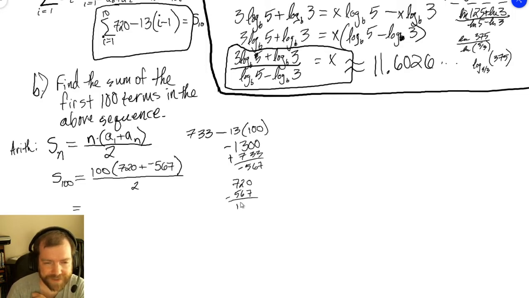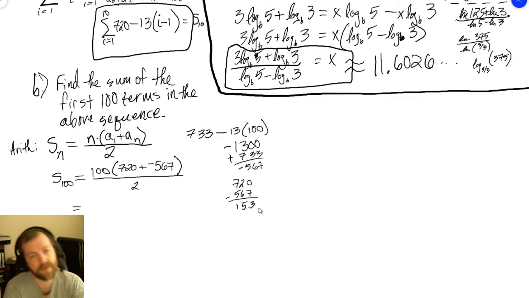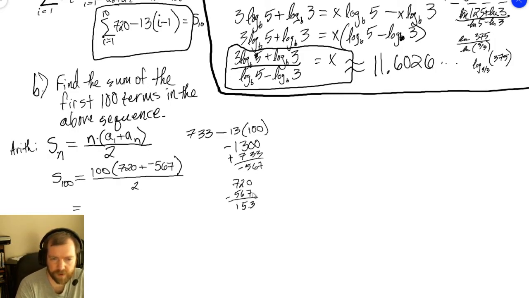All right, so all right, 7 off of 20 is going to get us 13. This is a 56 out of 71 is going to be a 15. So 153.